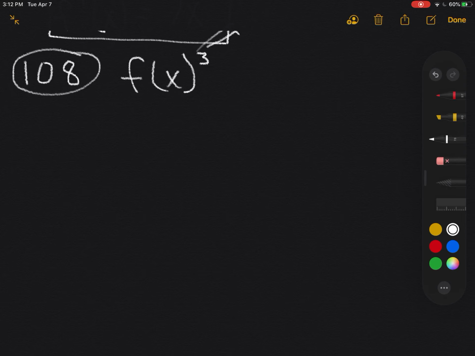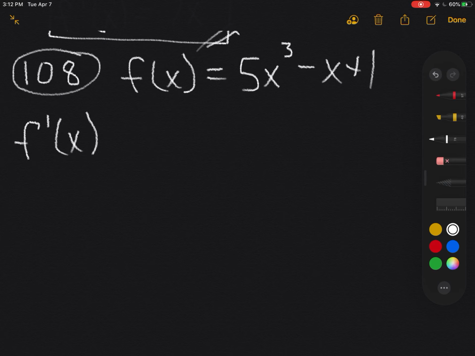For number 108, you're given the function f of x equals 5x cubed minus x plus 1. So I'm going to take this chance to show you another form of notation. So I'm looking for the derivative.